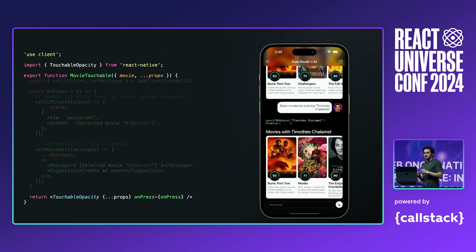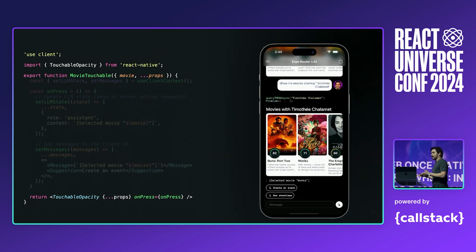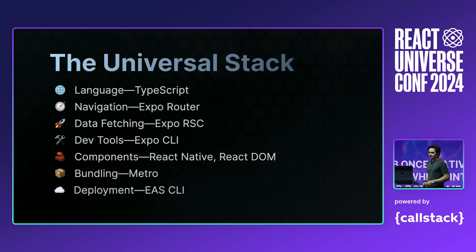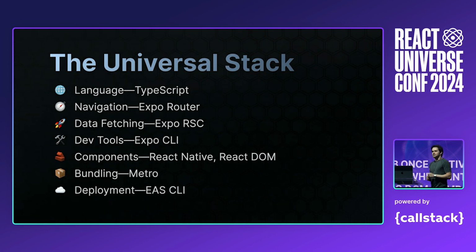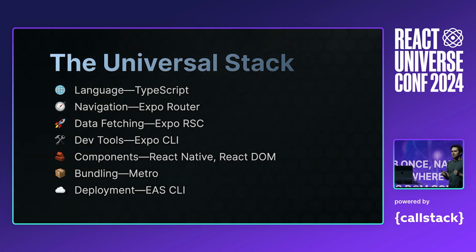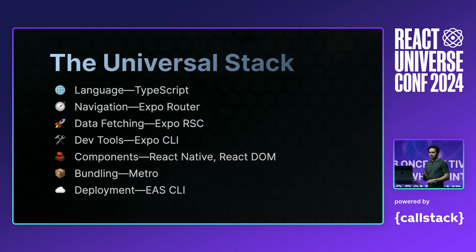To learn more about Expo's React Server Components implementation, I highly recommend you check out my talk at React Conf 2024, where I did this AI live demo that we see over here. We're rendering content and streaming it down. So altogether, Expo Router bridges many gaps between web and native, enabling you to leverage all of your existing web dev knowledge to target the exact platform that you want to build for.